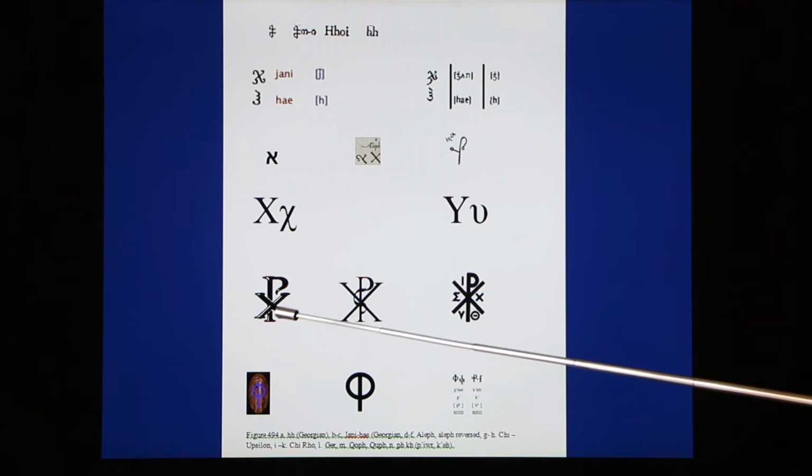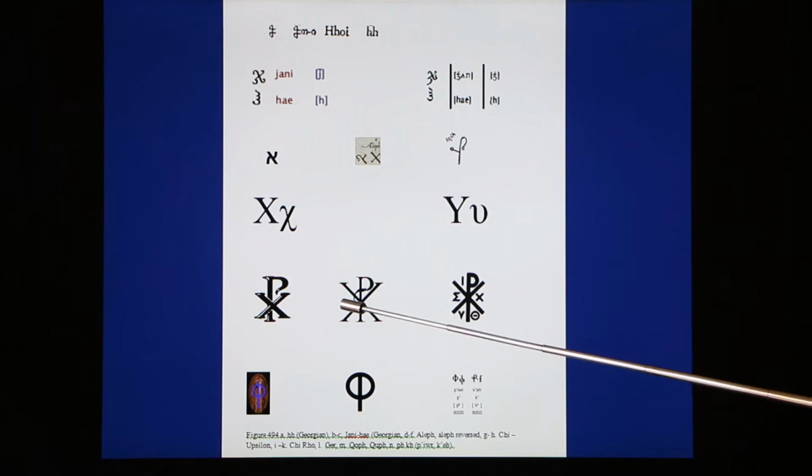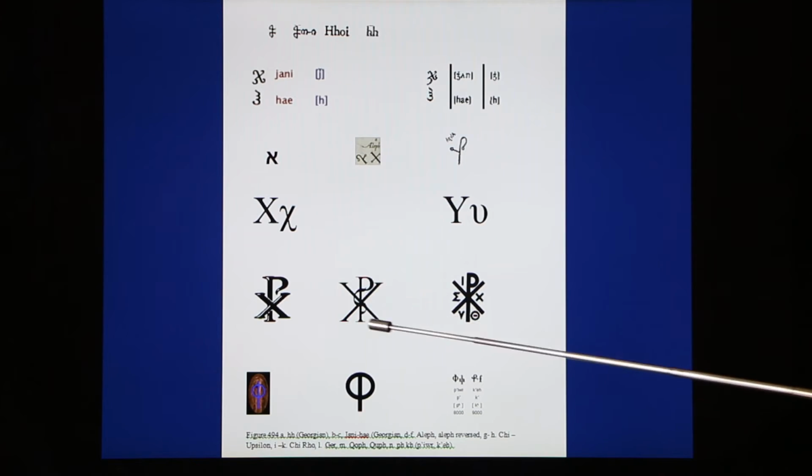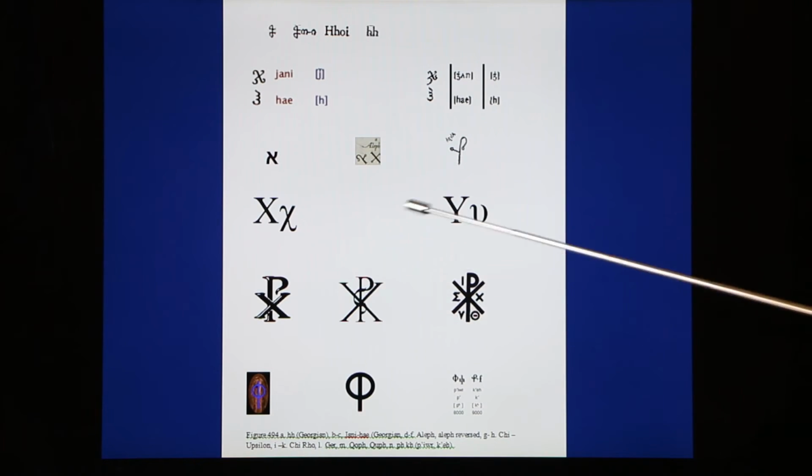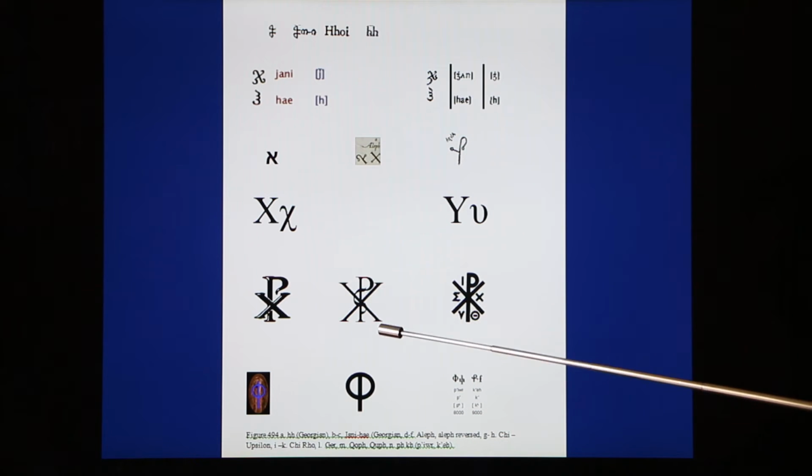And then we have chi and rho. So the letters are not just letters, they are representing cosmological things in themselves. So chi rho is on the one hand Christ, but here you have Christ with an S in it, which is again the snake of Draco.